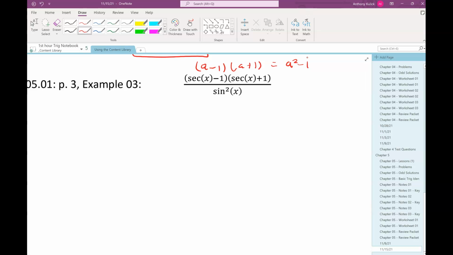Is everybody okay with that? So if we had, instead of a's, secant x's, that would be secant squared x minus 1. And then we still have that denominator of sine squared x.